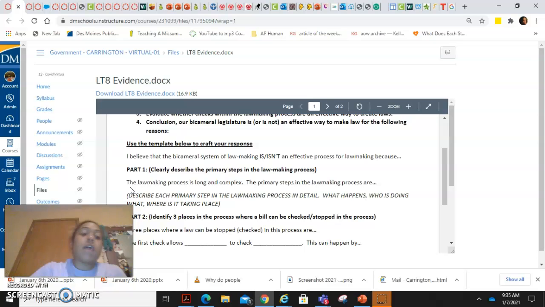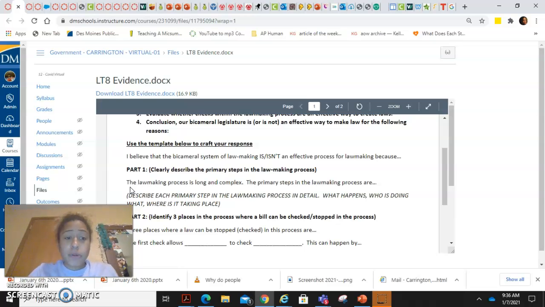So if it starts in the House, once it passes the House, it is then sent to the Senate. That process is then repeated. If it is then passed through the second chamber, it is then sent to the president for the president to digest and sign or veto.